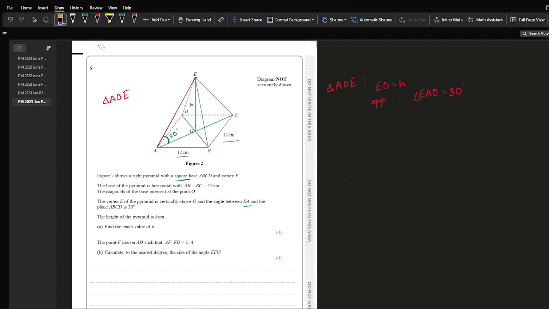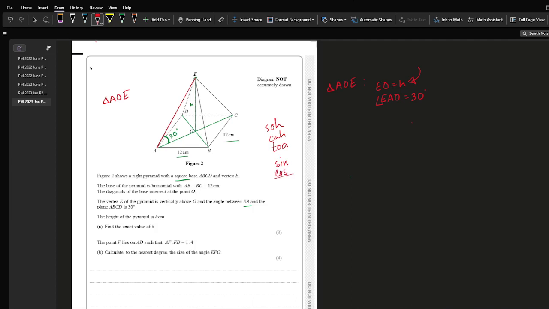You don't have to write this, I'm just pointing out this is opposite the height. Now what do we need in order to relate? This is unknown, so we can use SOHCAHTOA. Since this is a triangle, we can use SOHCAHTOA, we can use sine rule, we can use cosine rule.